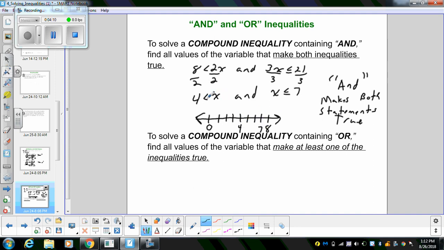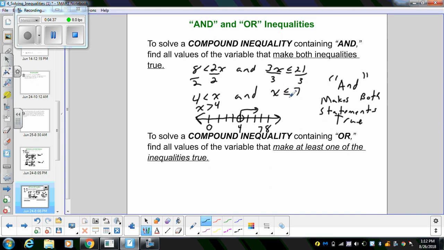Alright, so we've learned already that 4 doesn't have a line underneath it, so it's going to be an open circle. Now the x is on the wrong side, so remember, when the x is on the wrong side, you want to flip the entire inequality. So we're going to switch the x and the 4, so this is going to be x is greater than 4, and then flip the inequality, so make it from less than to greater than. And you'll see that it's actually pointing to the right, so I would shade to the right.